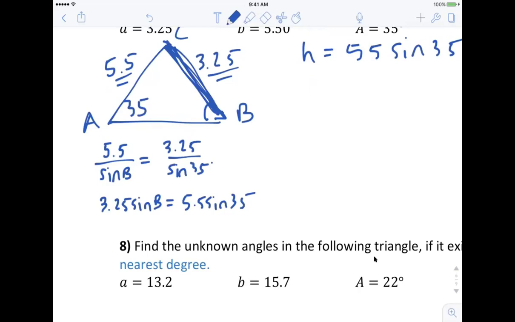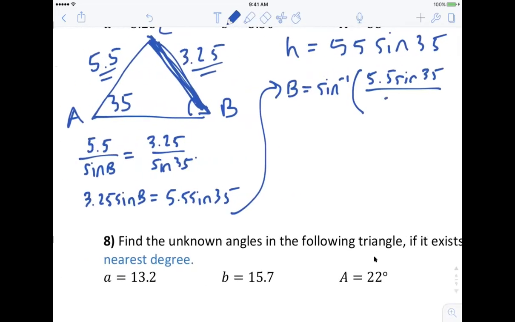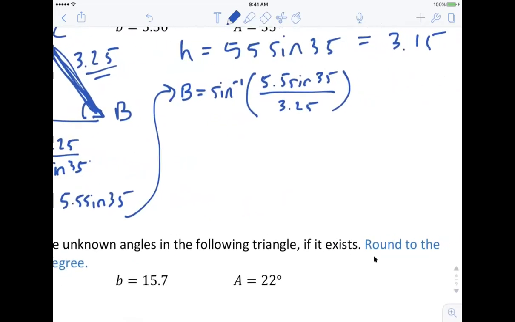So if I wrote that out, B is going to equal sine inverse of 5.5 sine 35 all over 3.25. There's your B. We'll get an approximate for that.